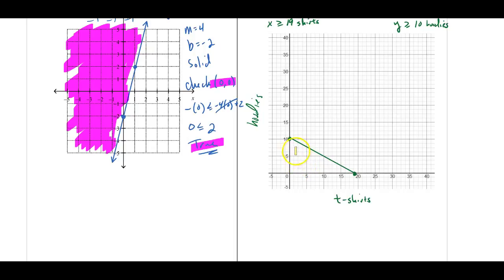So if we sell anything down here in this little triangle between the x, y axis, between 10 and 20, that's not going to be enough. This line that we drew is exactly $200. So we want to sell something greater than that. We want to sell more than that amount. So we're going to shade above that line. We're going to shade greater than that.